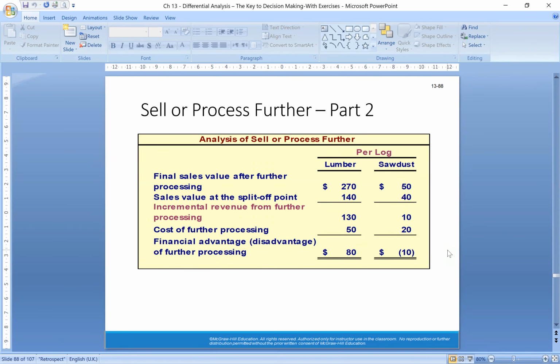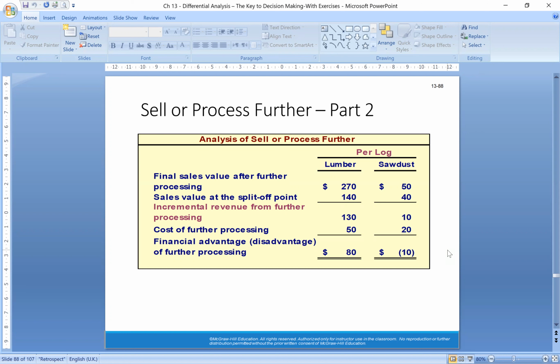Again, look at the word incremental. Incremental means the additional benefit. If we process further, do we have a benefit? If not, then we have to sell it at the split-off. If we have a benefit, then we can sell it after processing.